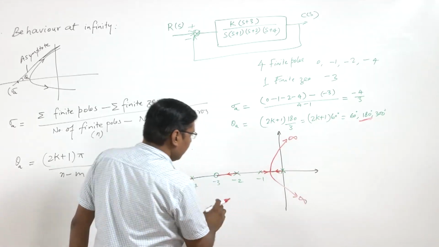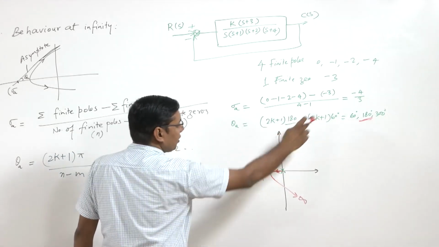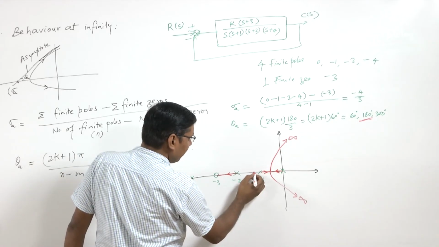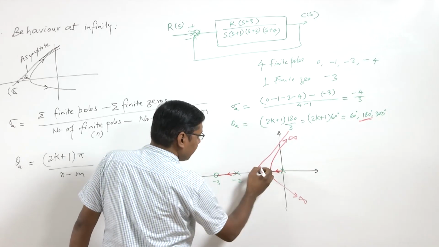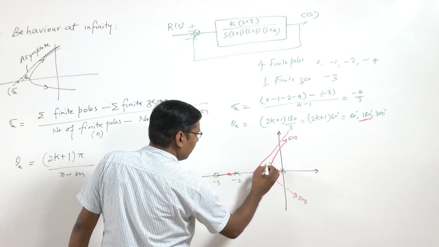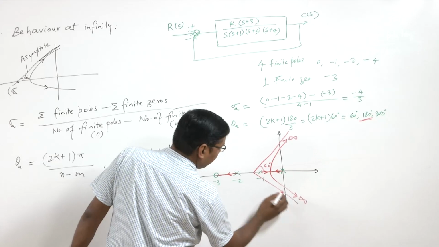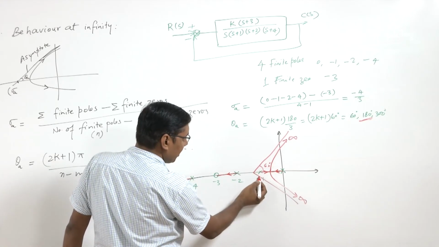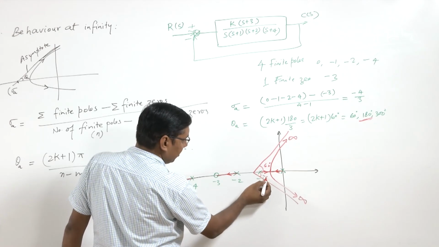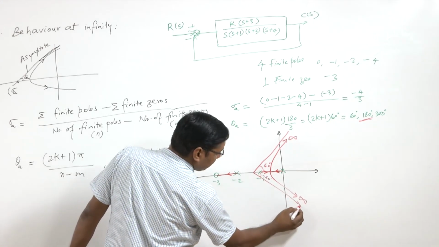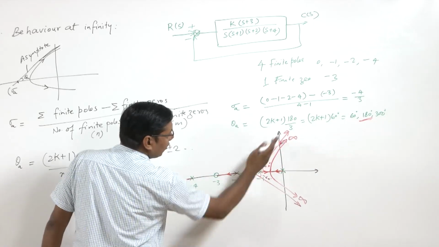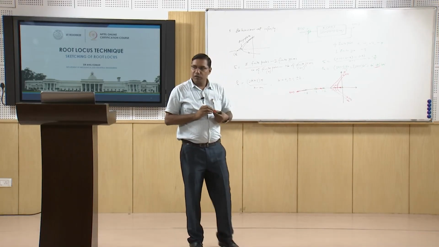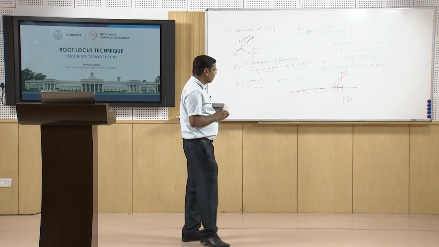Their intercept we are getting at -4 by 3, that is -1.3. So this straight line will be at 60 degrees and this line at 300 degrees, that is -60 degrees. So these asymptotes are going to guide the movement of the root locus at infinity.